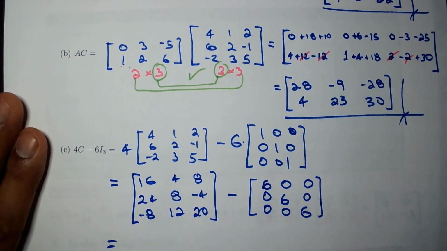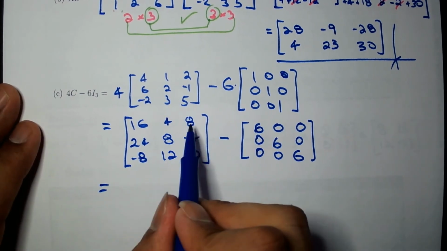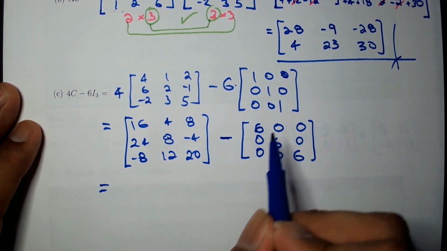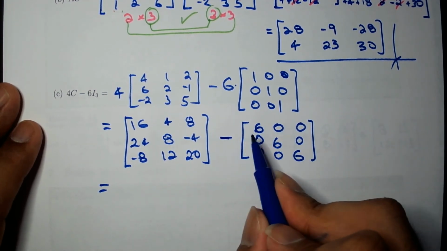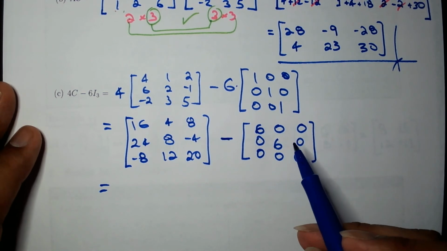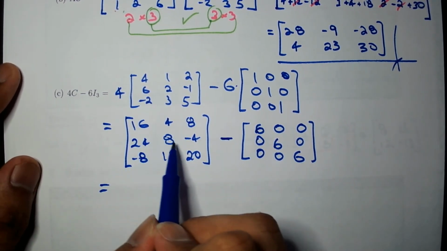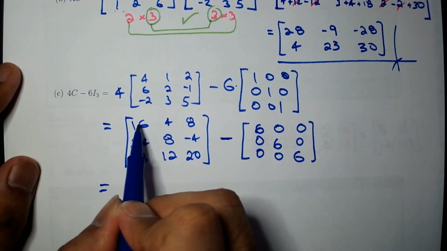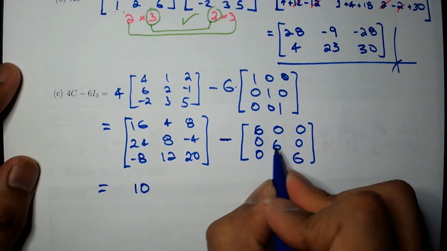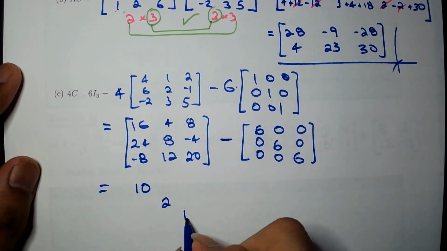For the final answer here, notice to a bunch of elements on the first matrix, we are going to subtract 0. That is all the elements that are not in the main diagonal. So what I'm going to do is simply subtract 6 from the elements in the main diagonal. 16 minus 6, that's 10. 8 minus 6, that's 2. 20 minus 6, that's 14.